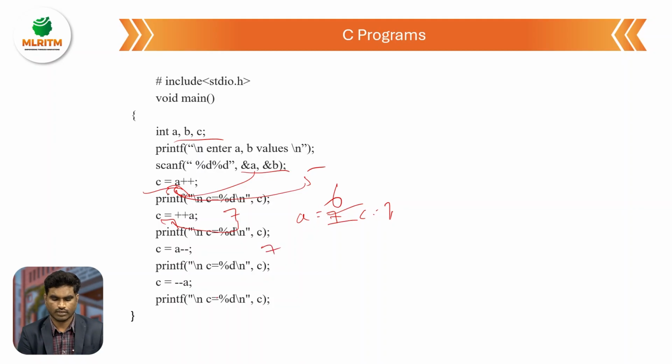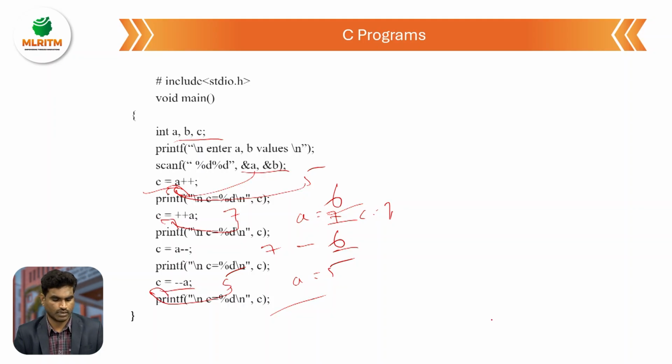The 7 is assigned to C, then after that the A value becomes 6. Next, first we decrement the value. What is the A value? 6. After decrementing, the A value becomes 5. That value is assigned to C. Then the A value is 5.